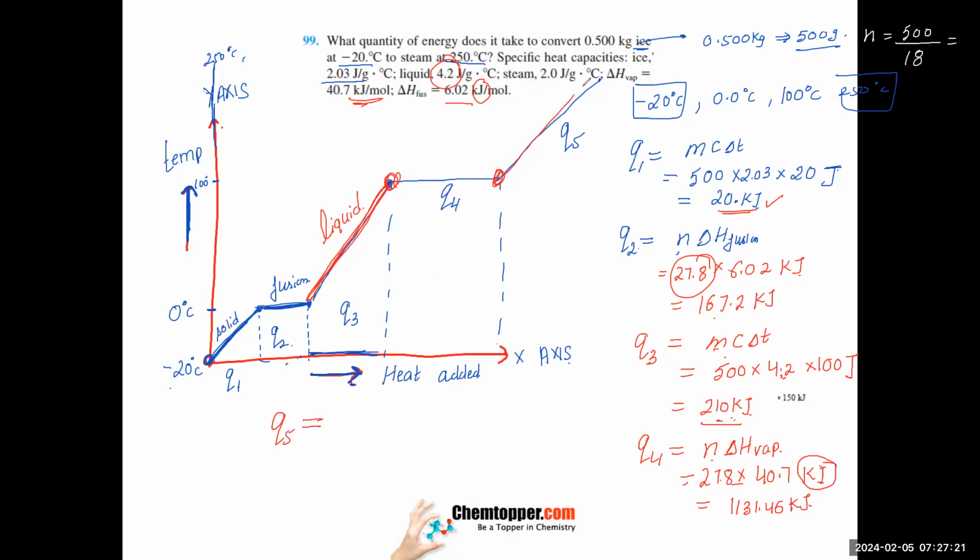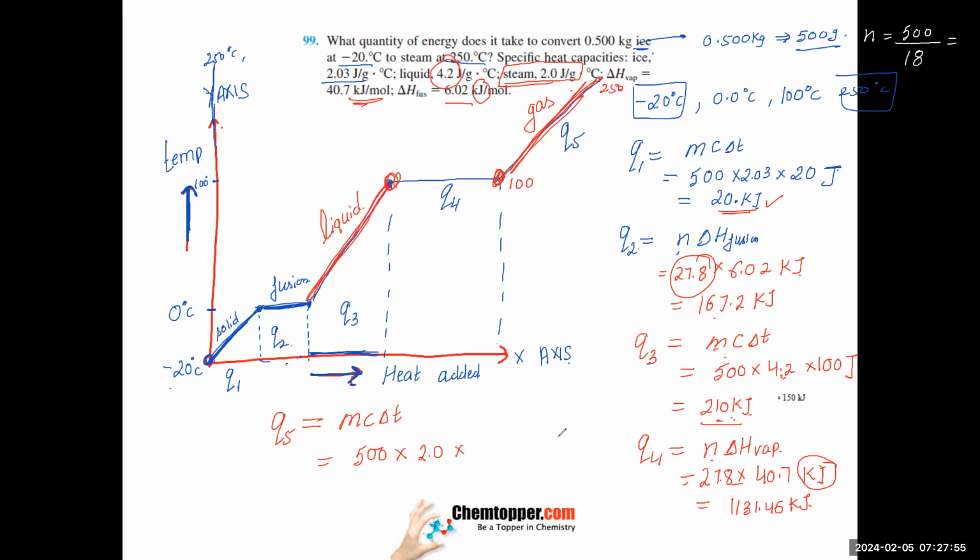Q5 here. What equation are we going to use for Q5? It's a gas. There is a change in temperature. MC delta T. How much is M? 500 grams. Same. What is C? C of the steam. Steam means vapors, vapors of water. So 2.0. Delta T is this 100, this 250.